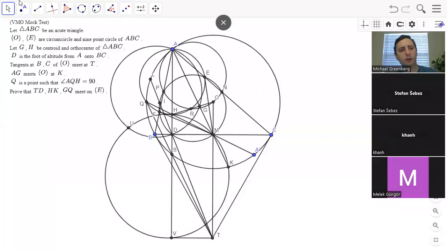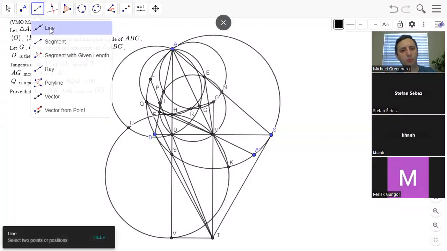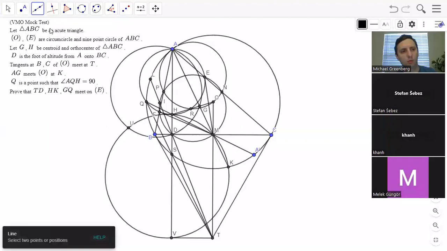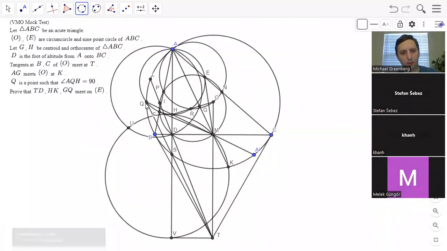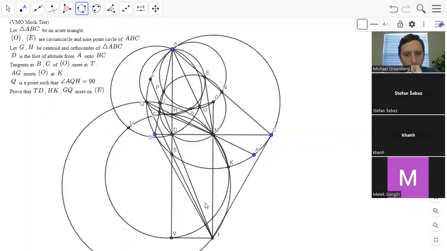Let's see if there's anything special about U. Another thing I just discovered is that Q, I, M, and K are cyclic. Q, I, M, K. And it looks like T's on that also. Oh yeah. So that one looks like a crucial cyclic quadrilateral.